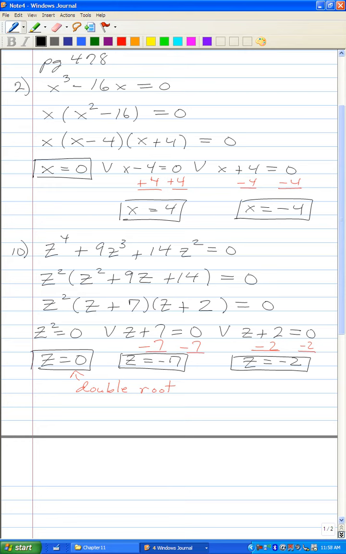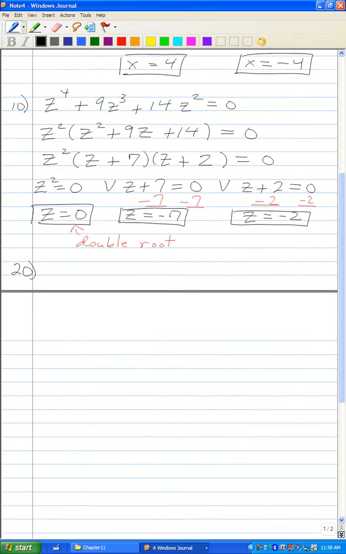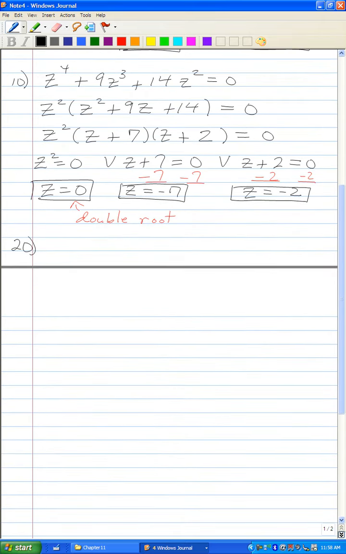Let me do problem number 20. And so z to the fourth. Okay, so in this case, actually I can't factor out anything in common, but this is quadratic in form.